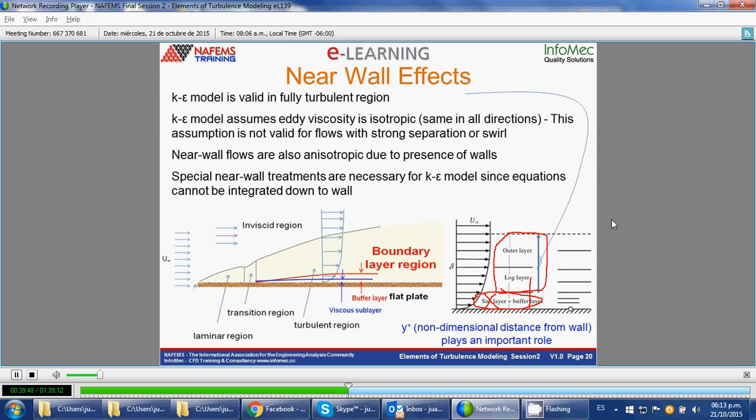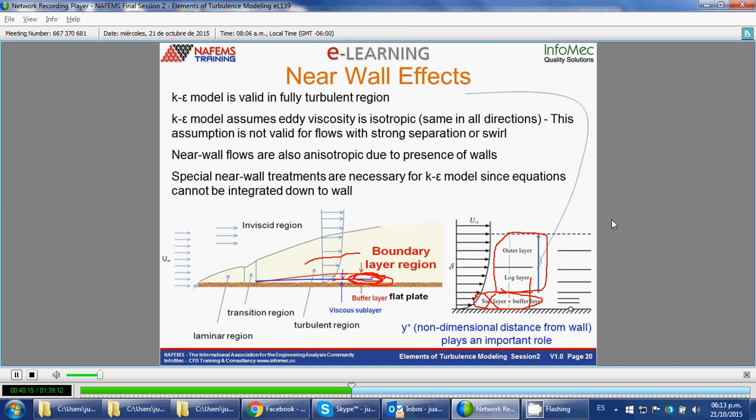So what do we do? K epsilon works here, but not here so well. This is going to be your viscous sublayer, this is the buffer layer, and then you have the inner layer and outer layer. So in this area, we have a problem.